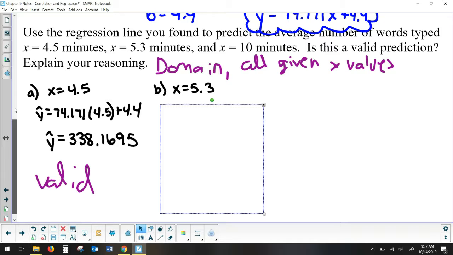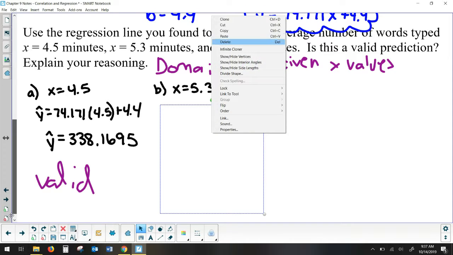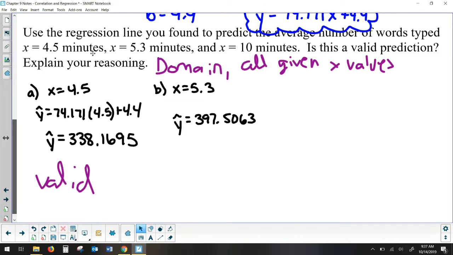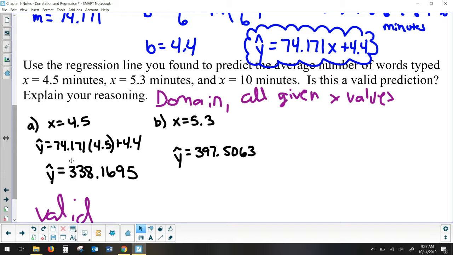So in 5.3 minutes, you should get about 397.5 words. 398 words. 397 words. 5.3 falls between 1 and 6. In this case, x is between 1 and 6. So this is valid.